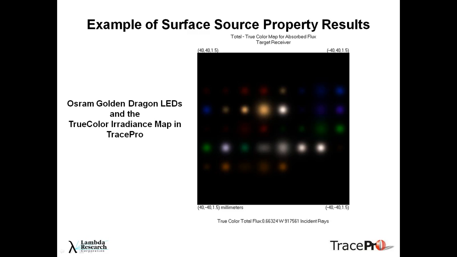Here we can see the different colors, reds, blues, greens, whites, ambers, as well as, in this case, more of an elliptical pattern. So we're seeing asymmetric outputs. That's a case where we use the azimuth angles in addition to the polar angles for the angular distribution.